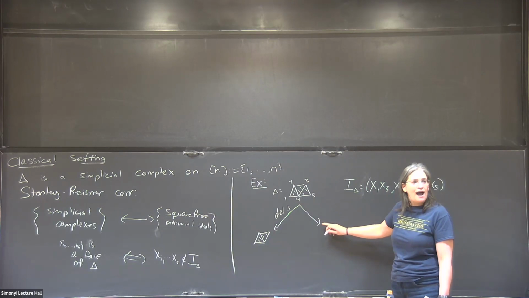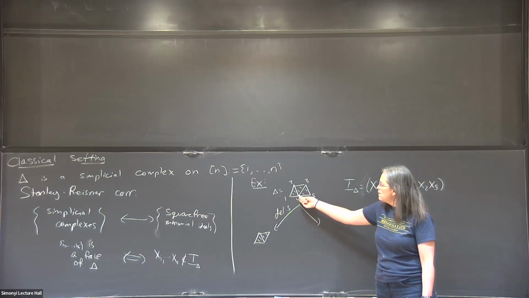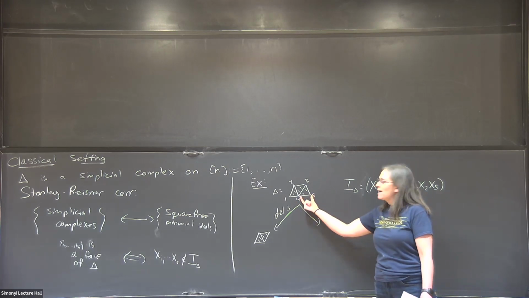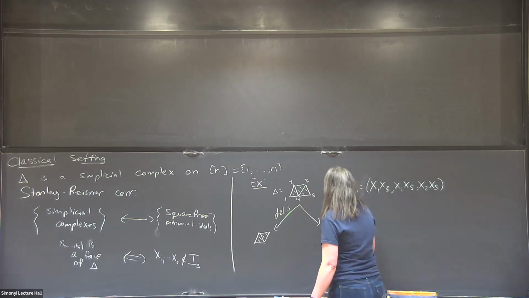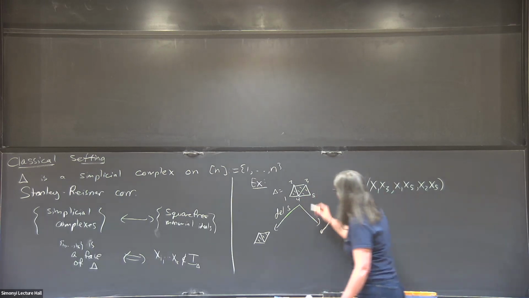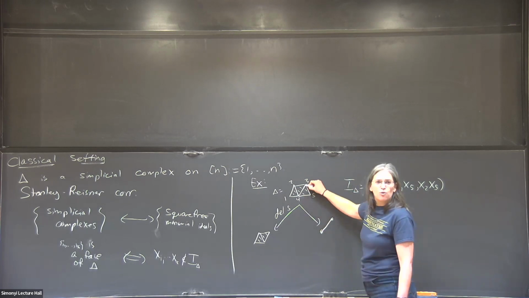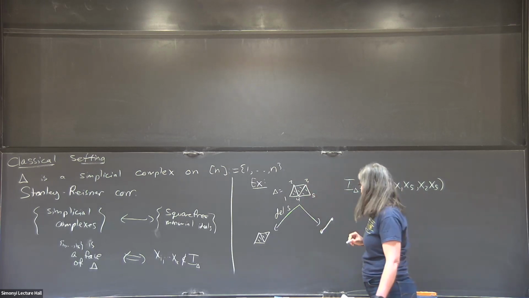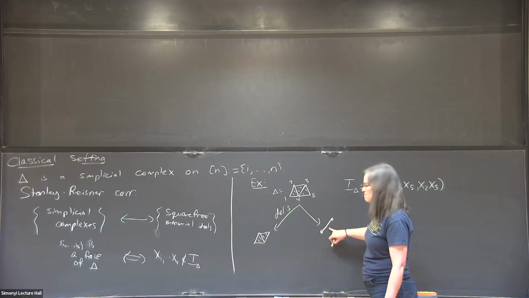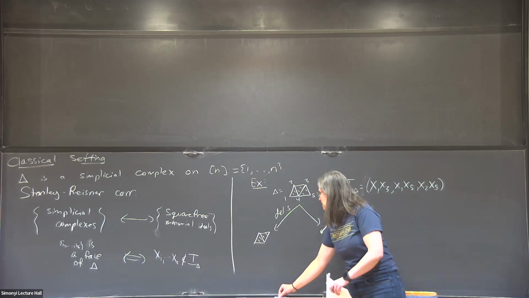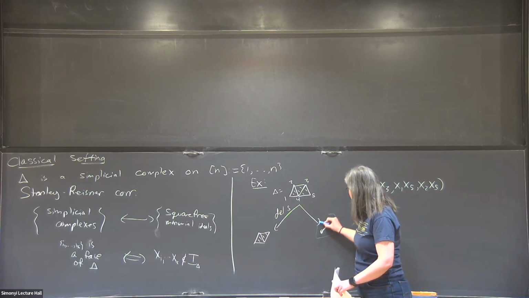The link asks for all of the things that don't involve 5, such that when I throw back in 5, I get a face of my complex. So this is just this here together with the vertex 4 and the vertex 3. This is a simplex, and the rule for vertex decomposition is that when we get to a simplex, we declare victory. So victory along this branch.